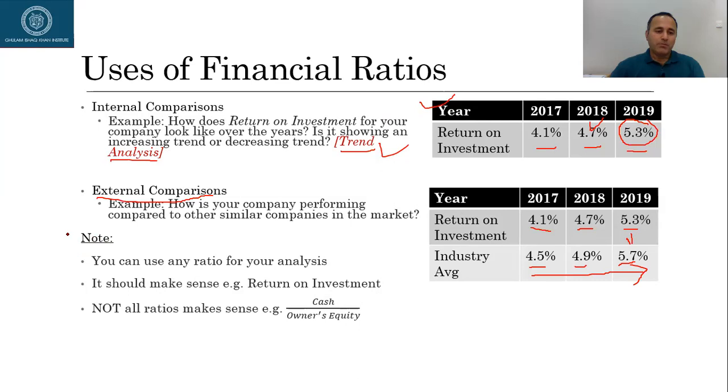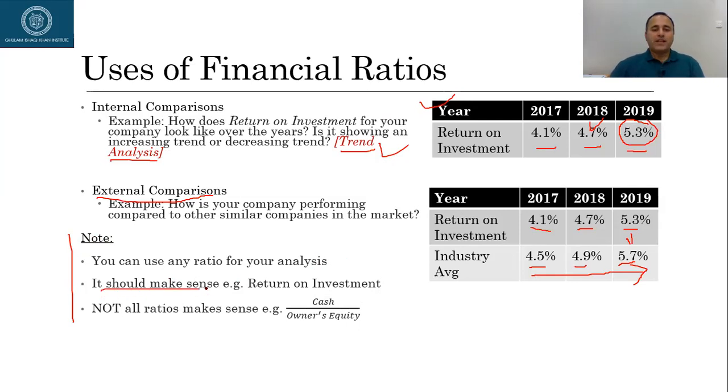Now, this is something important. You can use any ratio for your analysis. So in this chapter, actually, we will cover only the most important ratios which are used in the industry. But as a finance manager, you can calculate whatever ratio you like.